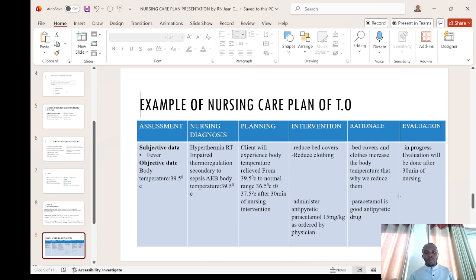So evaluation will be done after 30 minutes, and I said this evaluation part will indicate that you've now measured the temperature and you find that the planned goal has been achieved. To which degree?